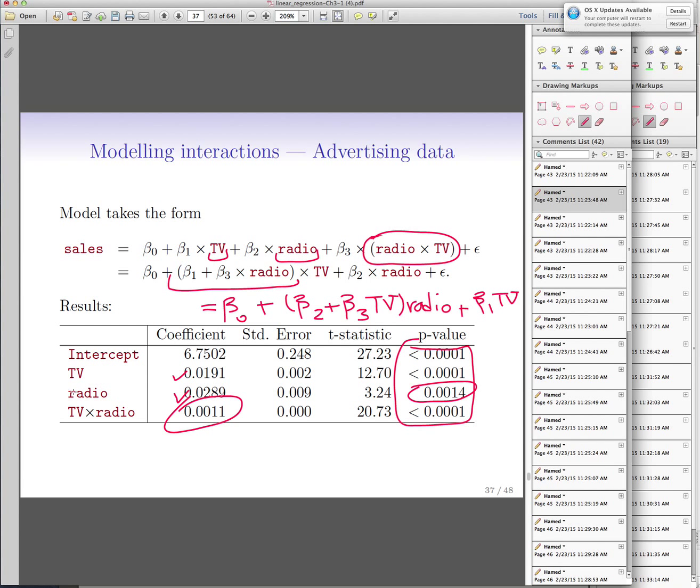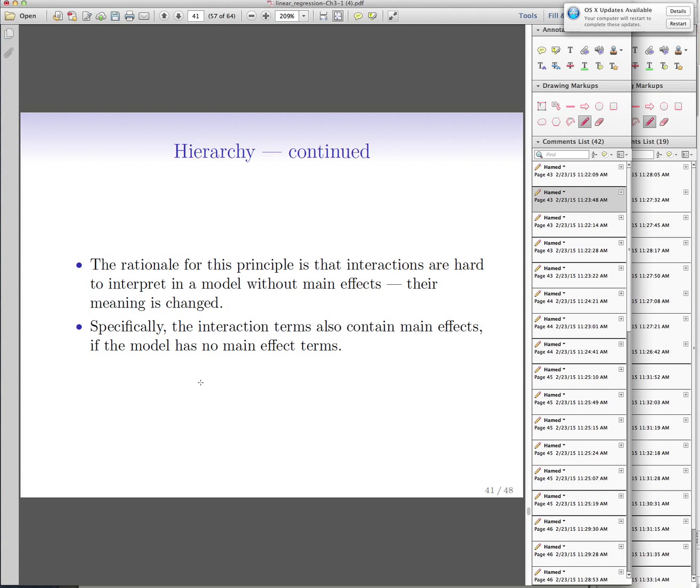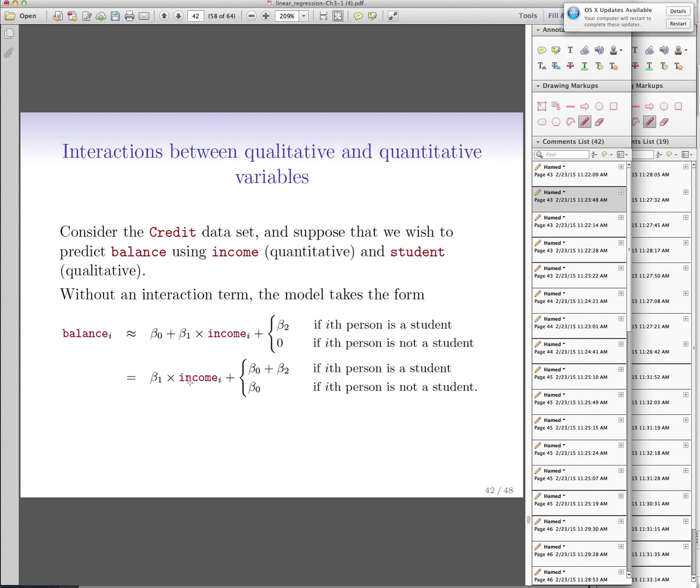You can never ever drop this if you want to keep the interaction effect. That is called the hierarchy rule. Because if you just drop it, it will be very, very hard to interpret the interaction effect the way it is.